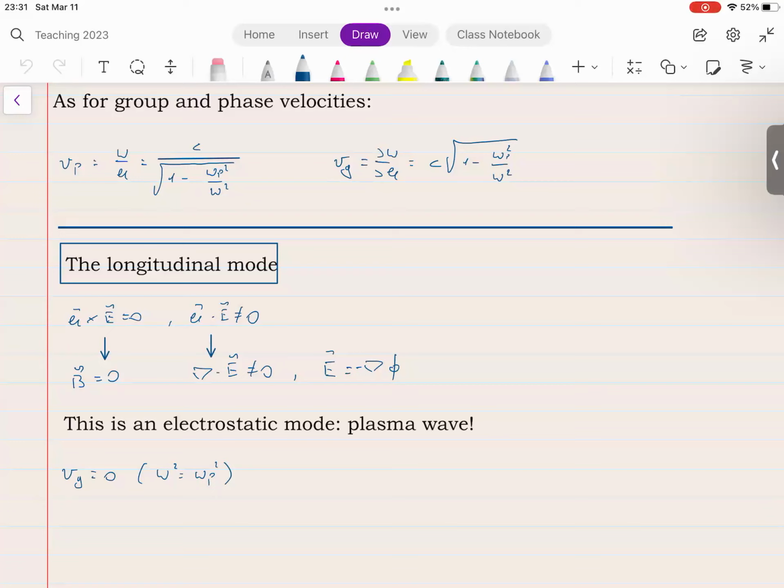But what you have to work on if you have external sources is pretty much the same equations, but they're not homogeneous anymore. You're going to have a source term, and you'll have to do the Fourier transform of the source term as well and see what happens.